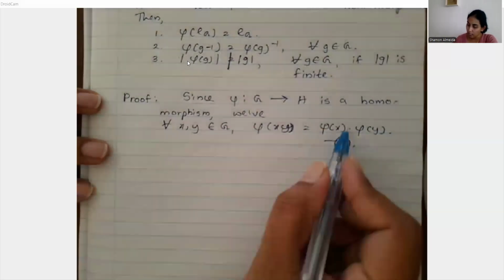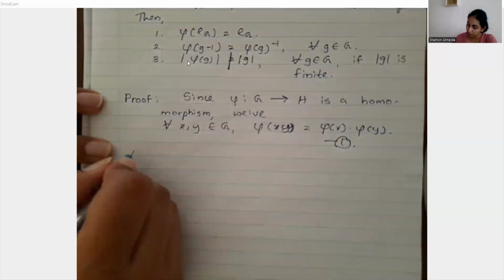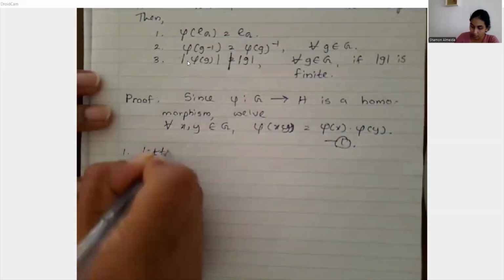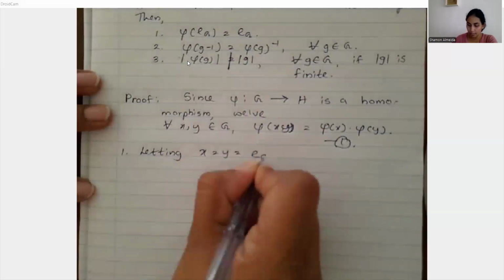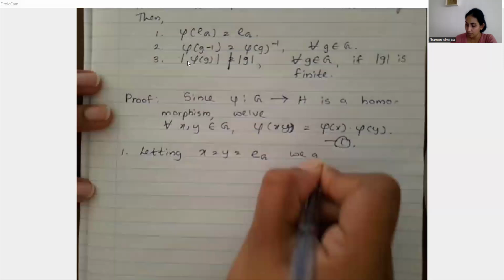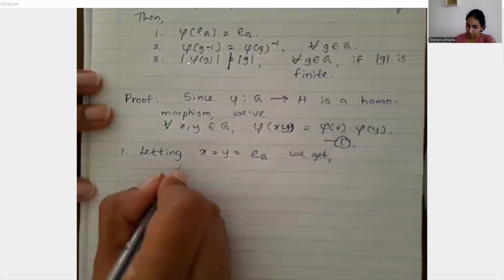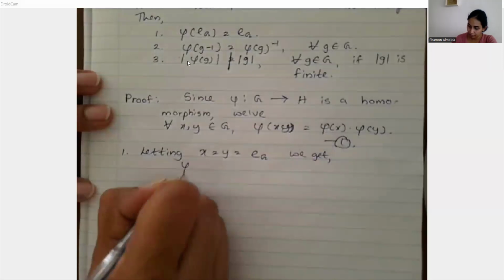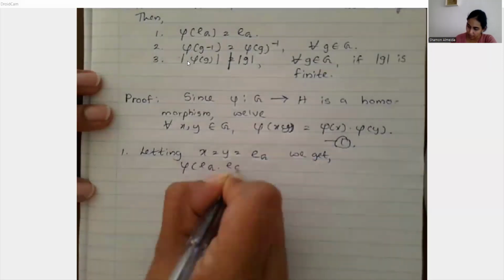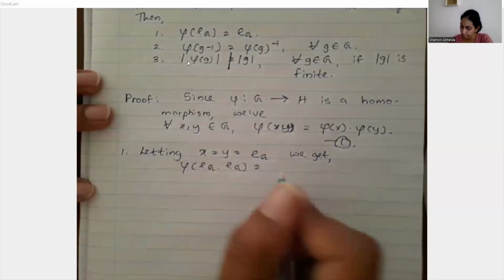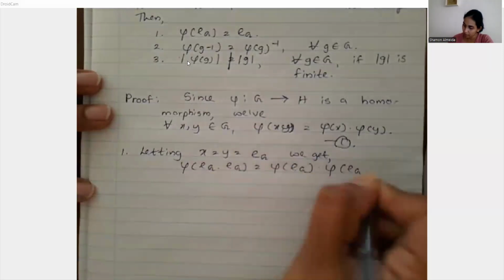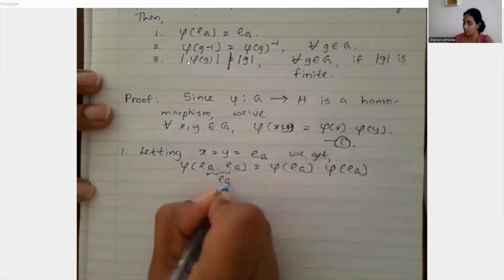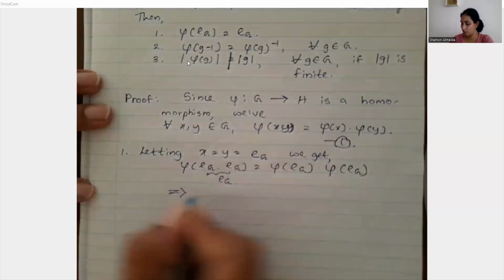And then over here, so for 1, letting x equals y equals the identity of G, we get phi of e times the identity equals phi of e times phi of e, and this is simply the identity.